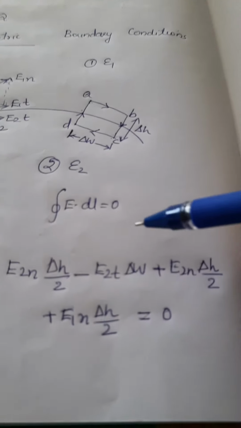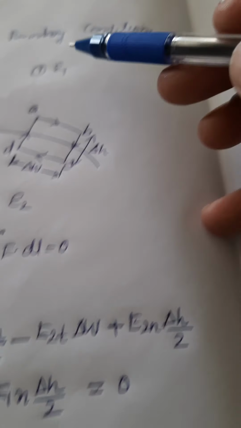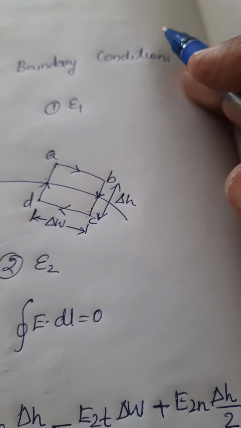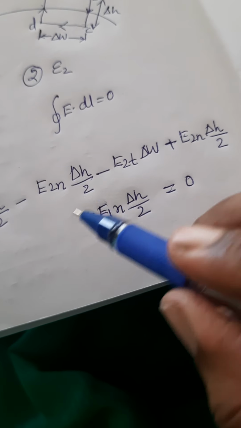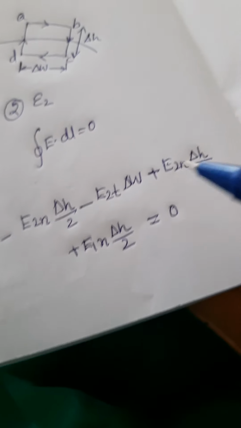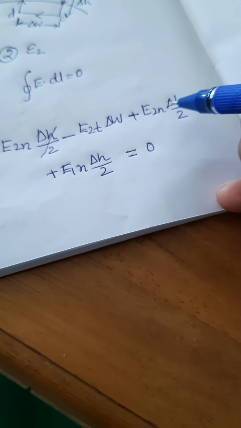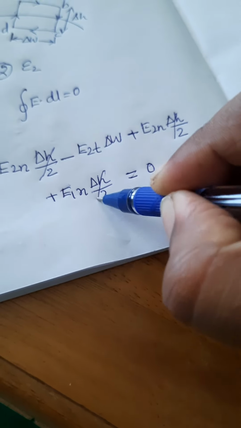Now in the closed path, this delta h is very small, so we can consider delta h tends to 0. So all the terms containing delta h go to 0 and we can cancel them.